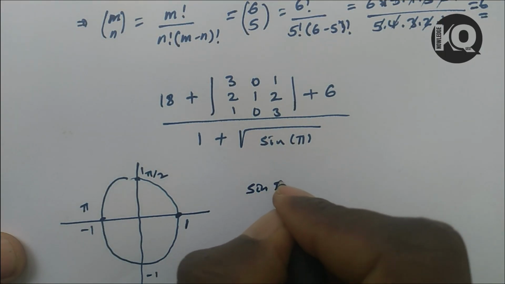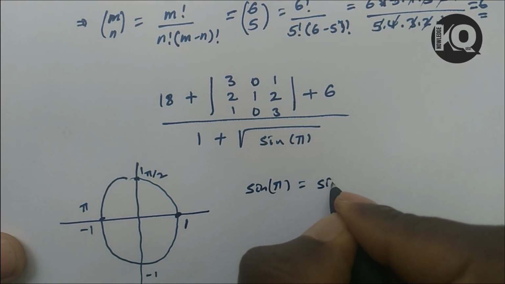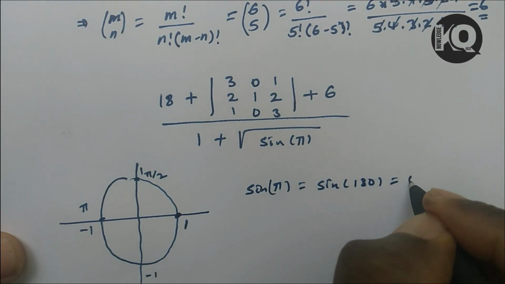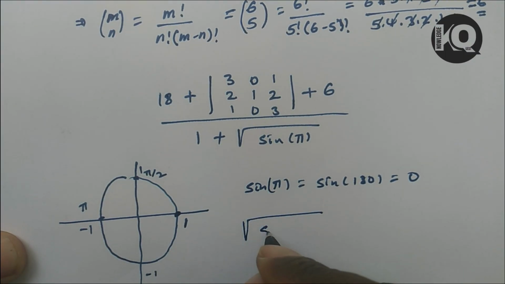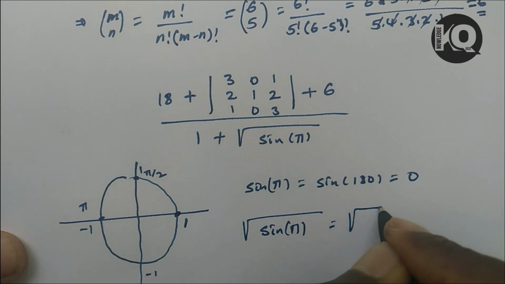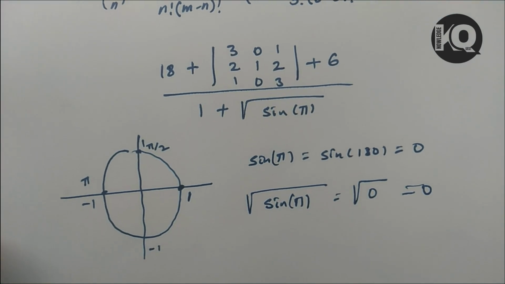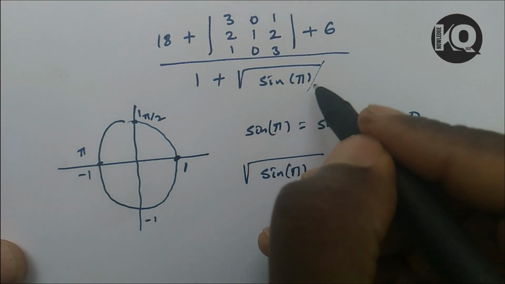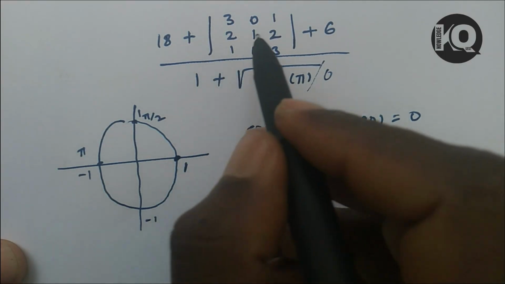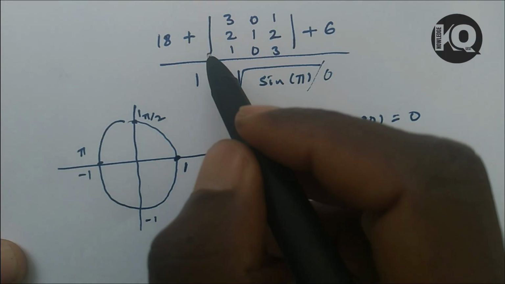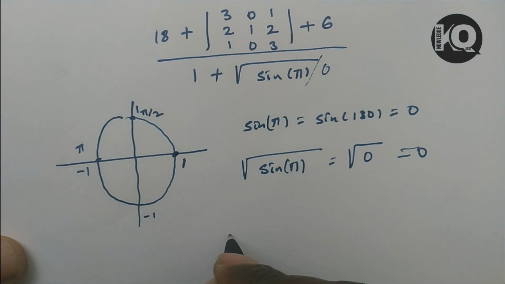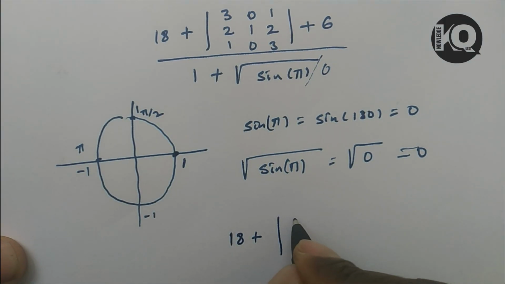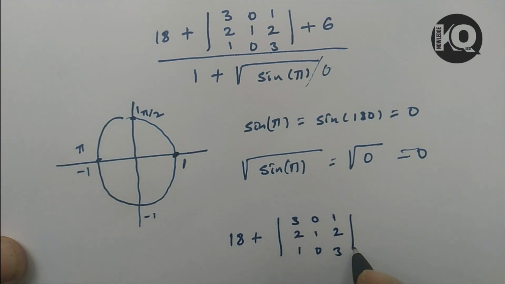So sine pi, which is equal to sine of 180 degrees, is 0. So the square root of sine pi, which is the square root of 0, will be 0. So 1 plus 0 is 1, and something divided by 1 is itself. So the remaining term will be 18 plus the given matrix plus 6. How do we solve this one?